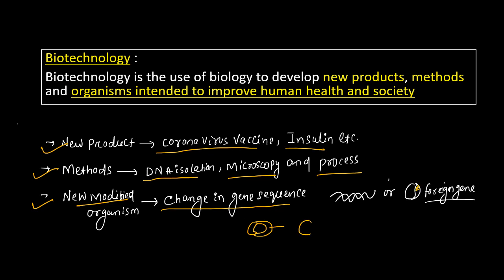A foreign gene added to a particular specific organism is known as a new modified organism. Through this, we produce different enzymes or modified microbes that help in different biotechnological processes. So I will discuss all these things.